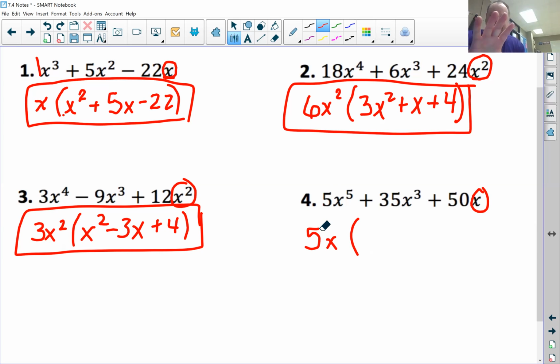We have x to the fifth. We factor out one of them, leaves us with x to the fourth. 35 divided by 5 is 7. We had x cubed, factored out 1, leaves us with x squared. 50 divided by 5 is 10. We had x to the first. We factored out that x.